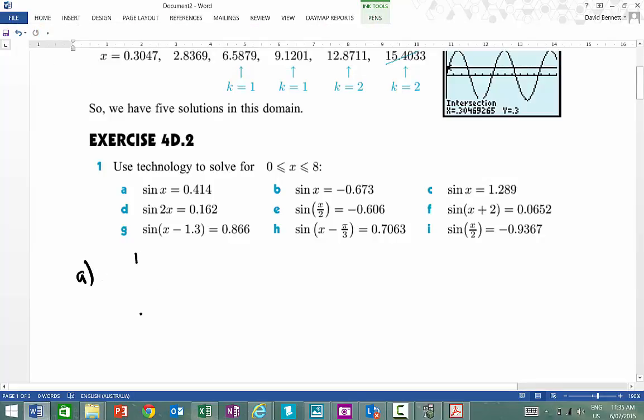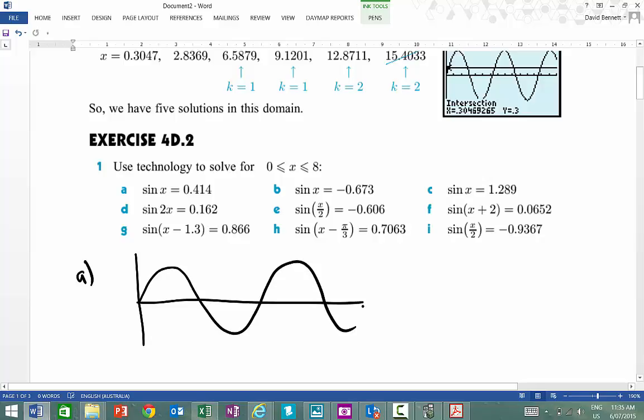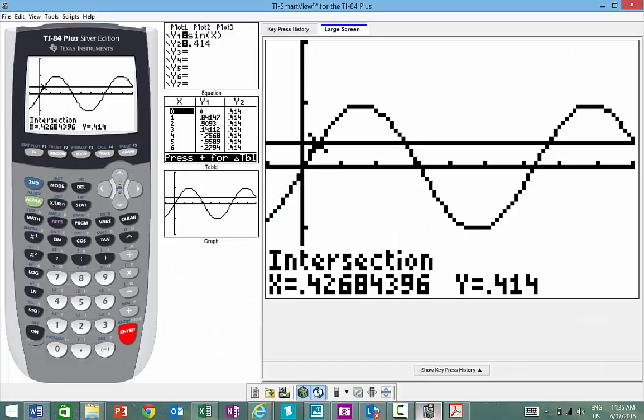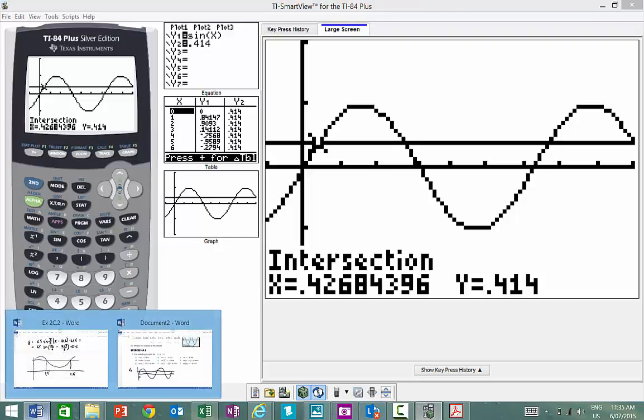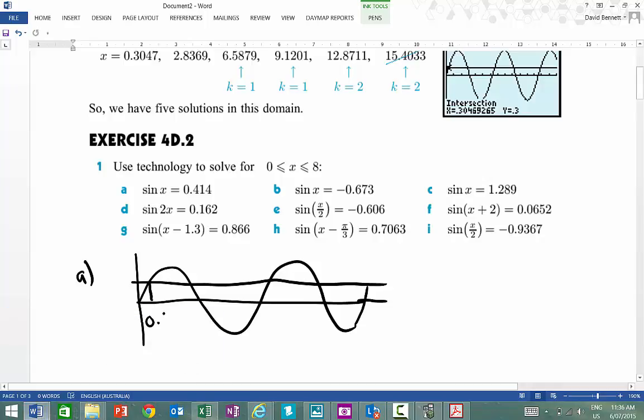So I'm going to graph this, and the first point there is 0.427. So I'm simply going to label that on my curve. 0.427.